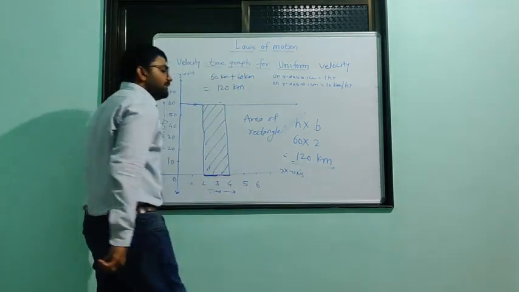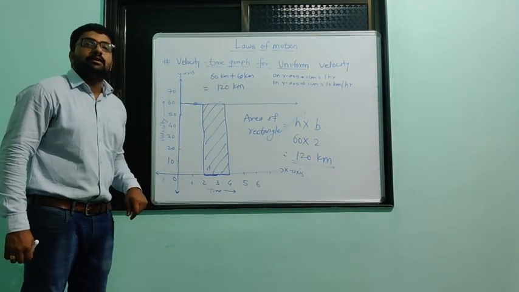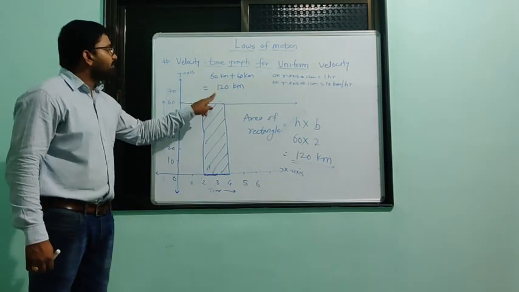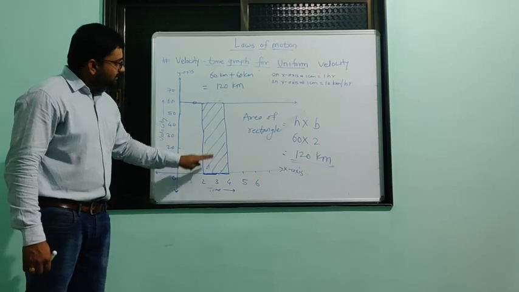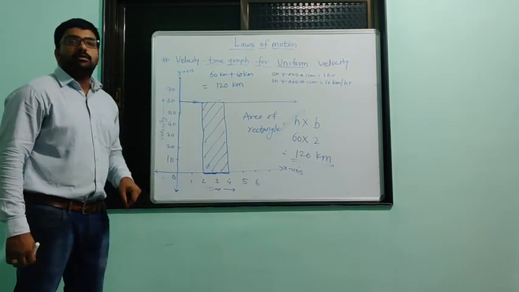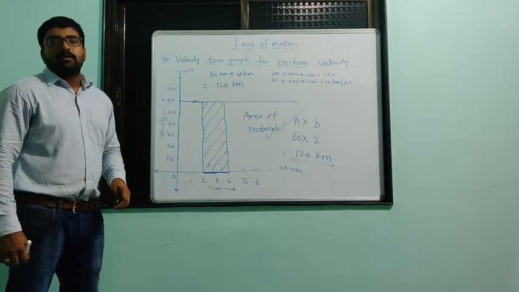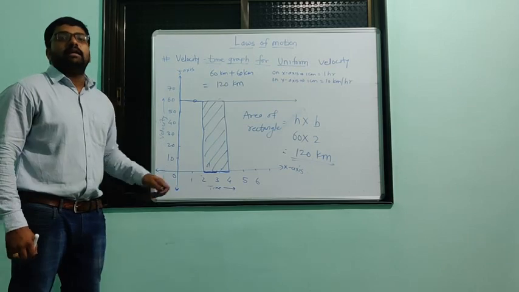In this way this area also gives us the distance covered in a given particular time. From this common observation we can also find it: 60 plus 60, 120 kilometer. This area also gives us the distance along this path, so that is also 120 kilometer.